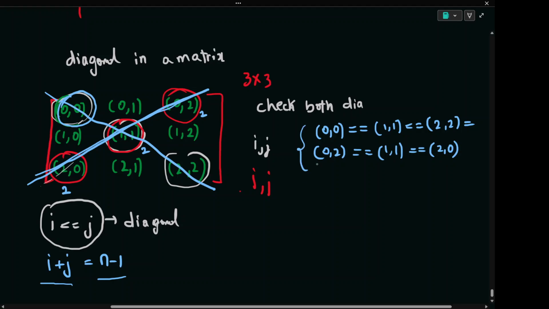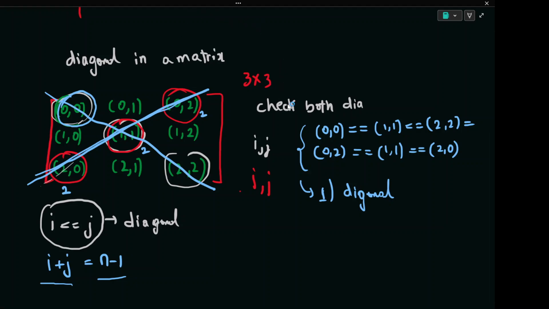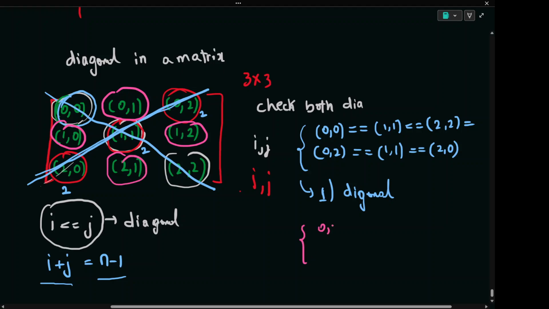If this satisfies, then the diagonal condition satisfies. Now, what is the second part of the problem? It says that whatever is not on the diagonal should also be equal. So typically I would say that 0 comma 1 equals 1 comma 2 equals 1 comma 0 equals 2 comma 1. Correct?